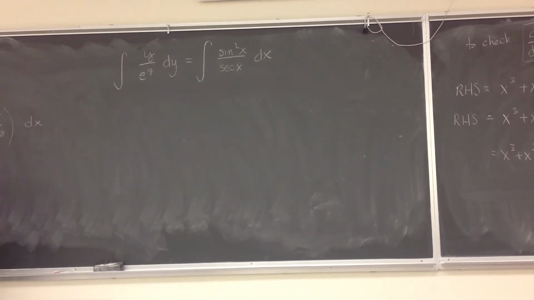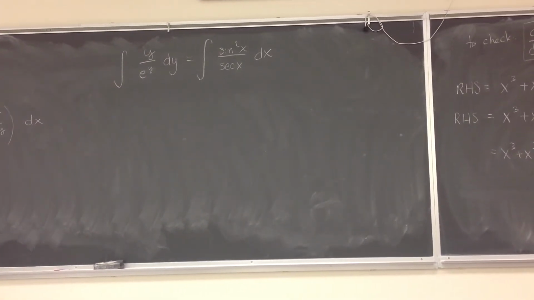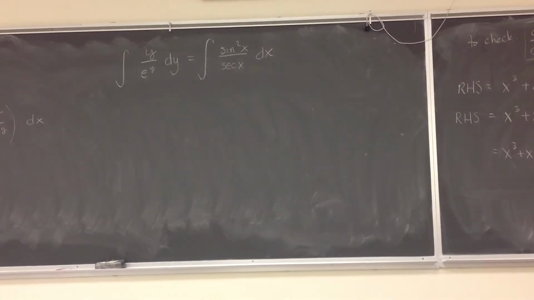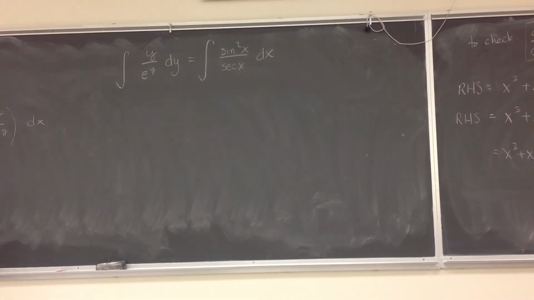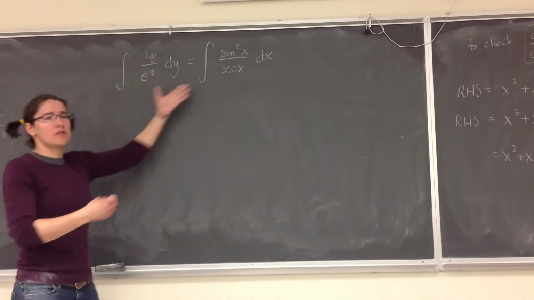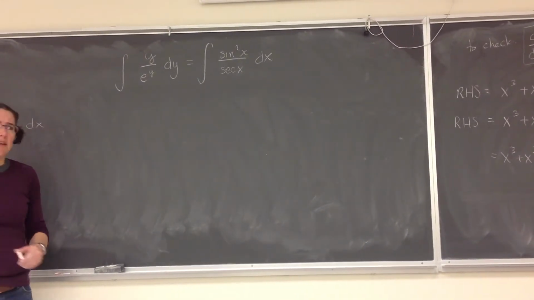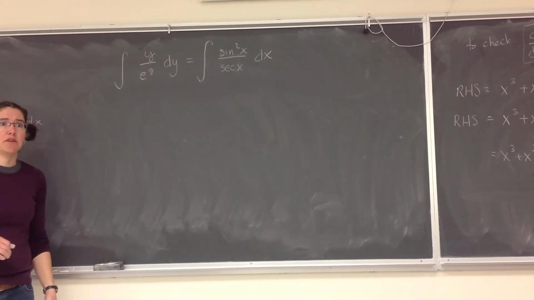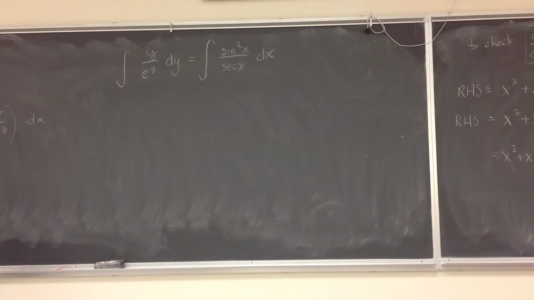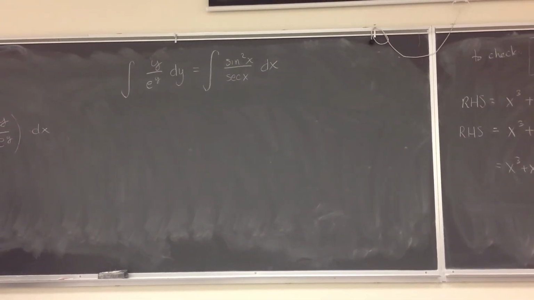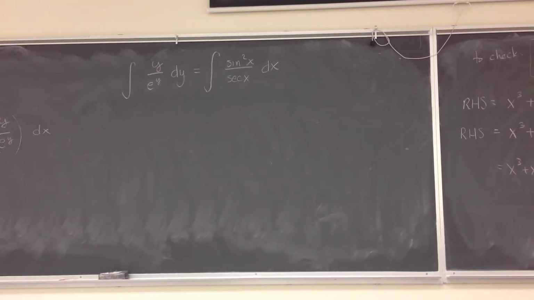Alright, so now looking at these integrals, neither of them are immediately straightforward. So I'd like you to think for a minute how you might analyze either side of the equation, pick your favorite side, and think about your very first step in terms of integration. Now turn to your neighbor and tell your neighbor what you're thinking about.